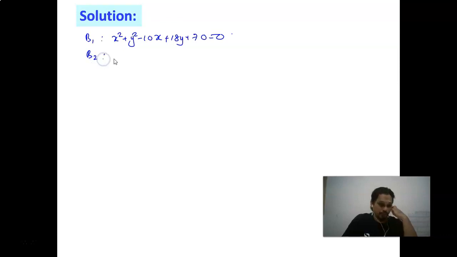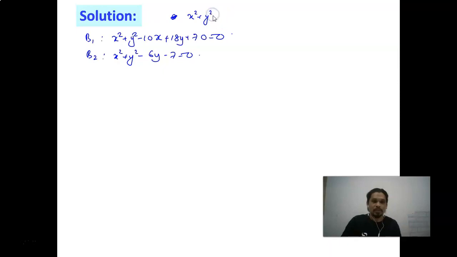And B2 is x squared plus y squared minus 6y minus 7 equal to 0. Okay, let's compare with both of these. We call the general circle x squared plus y squared plus 2gx plus 2fy plus c equal to 0.